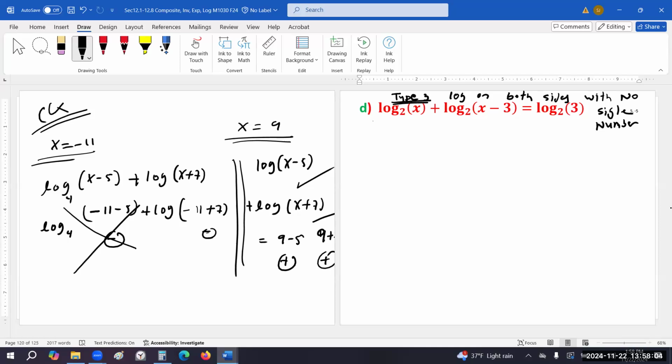We are going to do the same thing. Combine the two logs on the left side into one log. So we have log 2 of x times x minus 3. The double log becomes one log. And we have log 2 of 3.